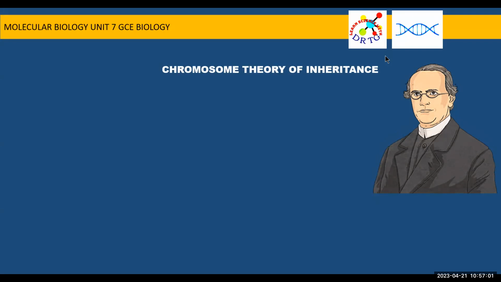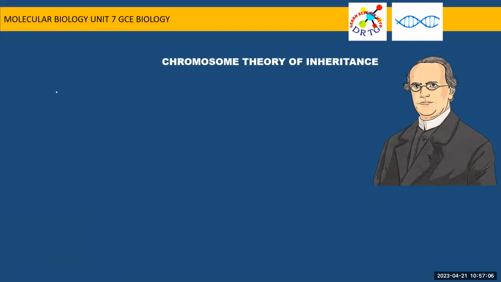But before we come to that, in 1902, the scientist Boveri and his colleagues actually proposed, look, Mendel explained like this, but scientifically it is like this. There is a gene on chromosomes, and these chromosomes separate, and the genes also separate into gametes.